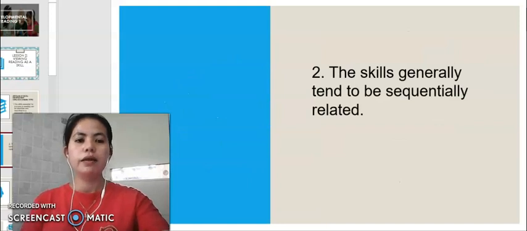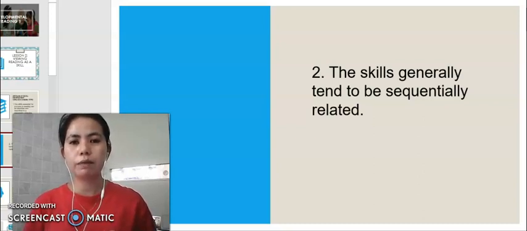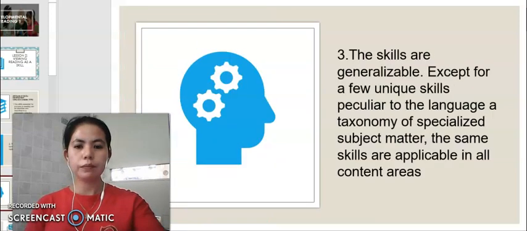Number 2, the skills generally tend to be sequentially related. That is, certain skills must be taught and mastered before others can be introduced. So there is a logical order to be followed. Number 3, the skills are generalizable.